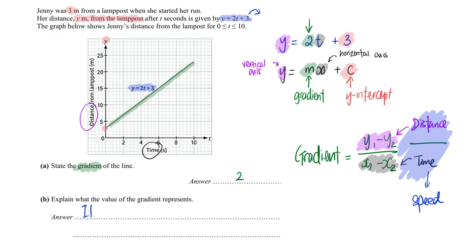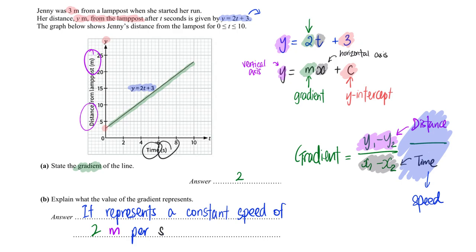So we just need to write: it represents a constant speed of 2 meters per second.